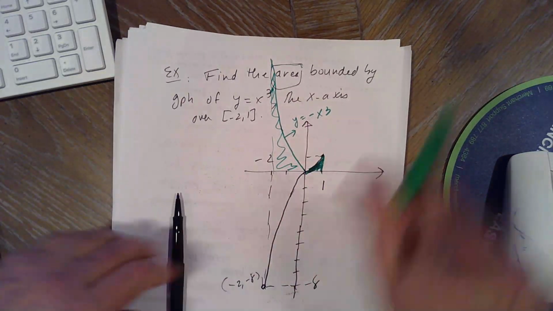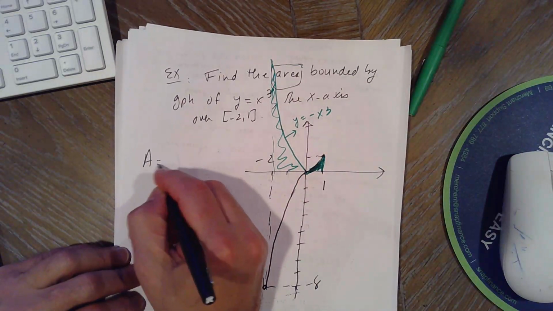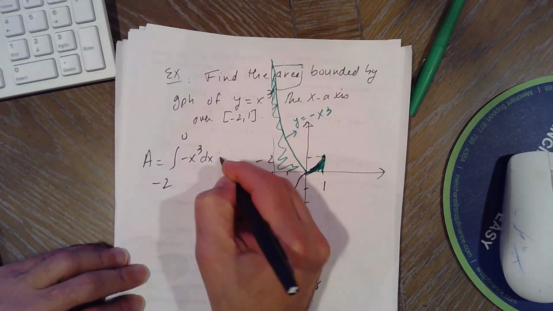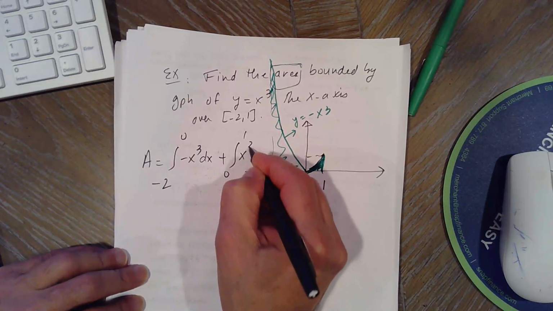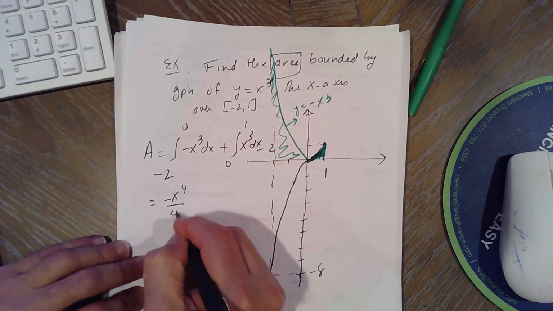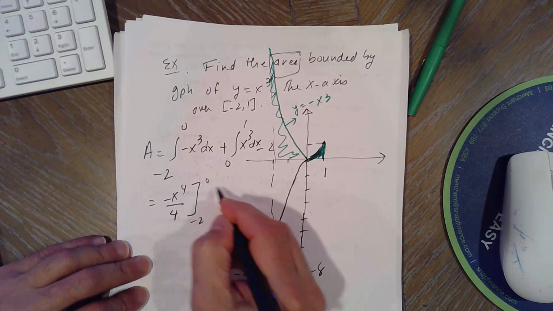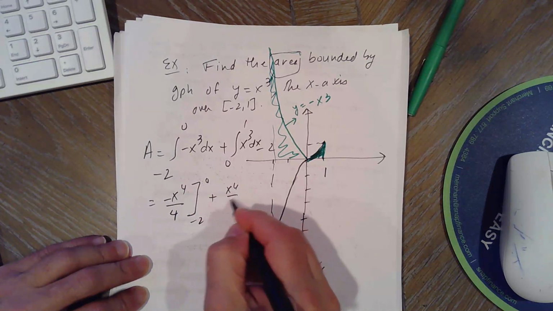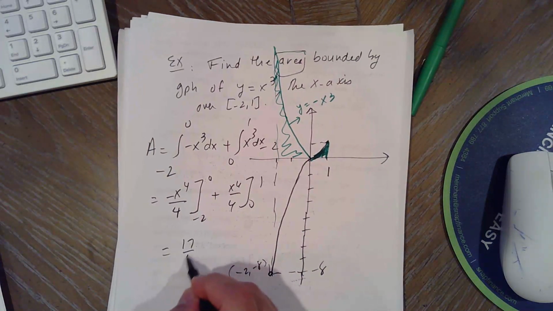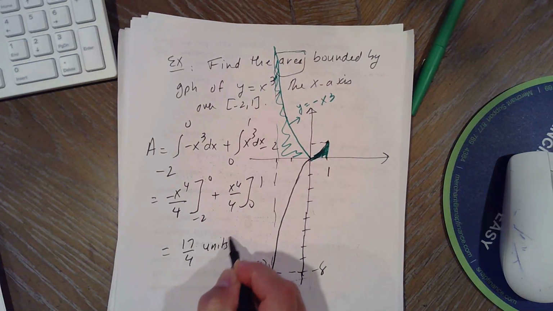So the area is the integral from -2 to 0 of negative x cubed dx plus the integral from 0 to 1 of x cubed dx. So it's negative x to the 4th over 4 between -2 and 0, and then x to the 4th over 4 between 0 and 1, which was 17 over 4 square units.